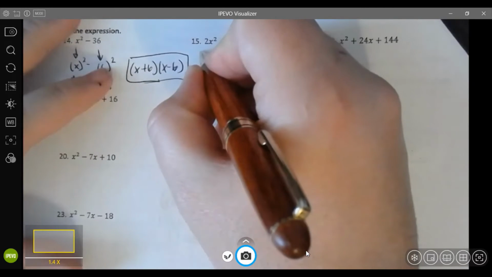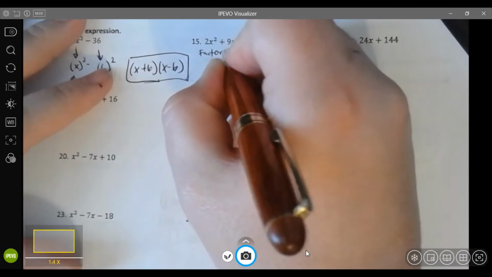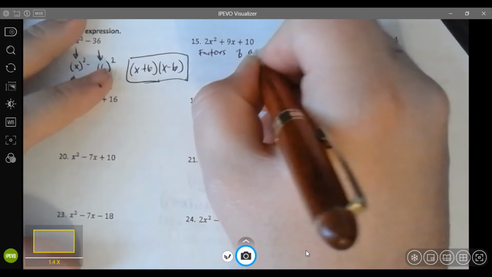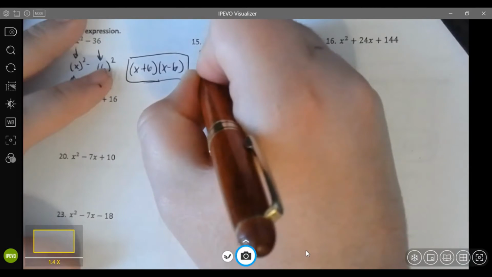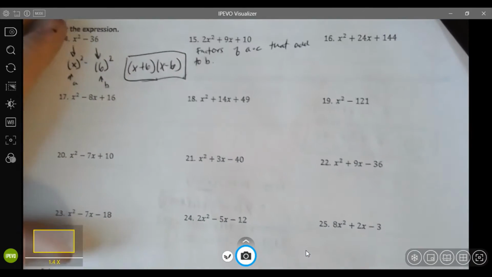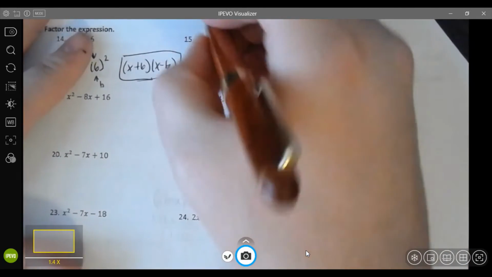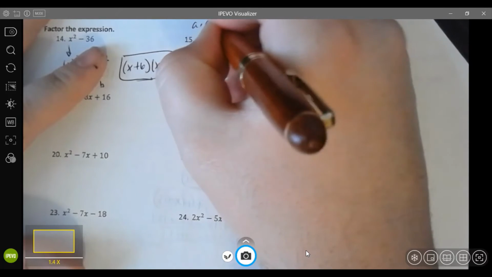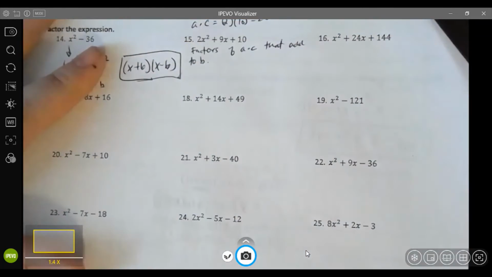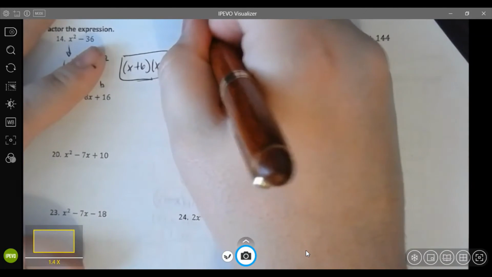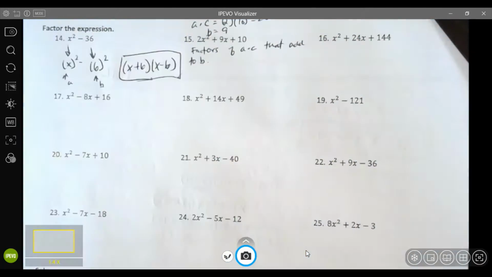I want factors of a times c that add to b. So a times c is 2 times 10, which is 20. And b is 9, so I want them to add up to 9.